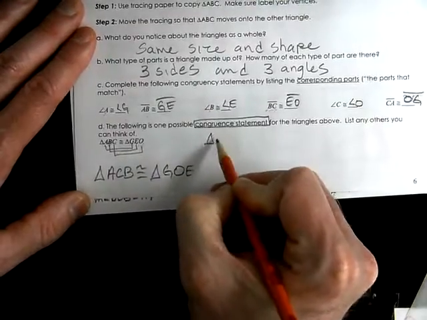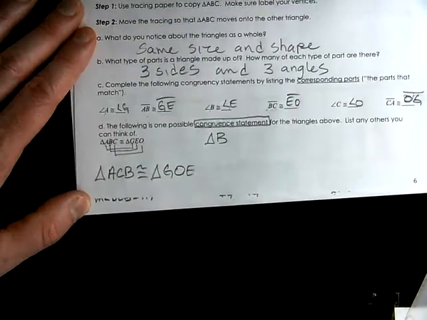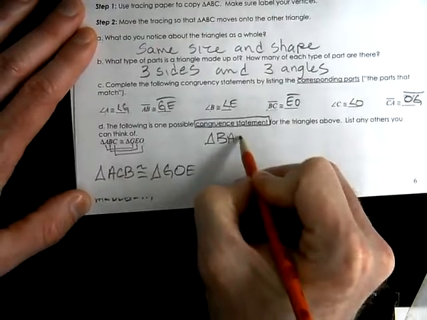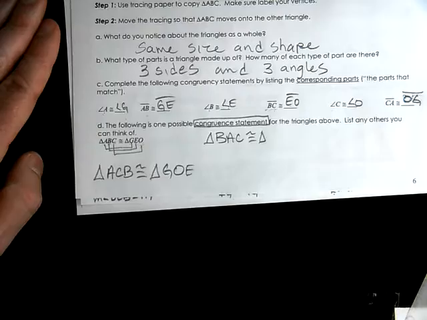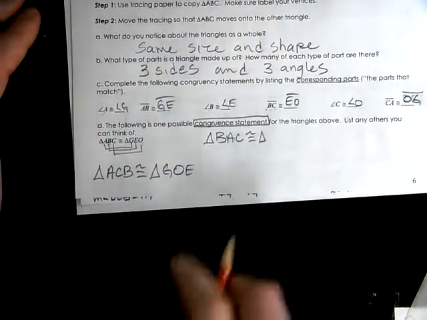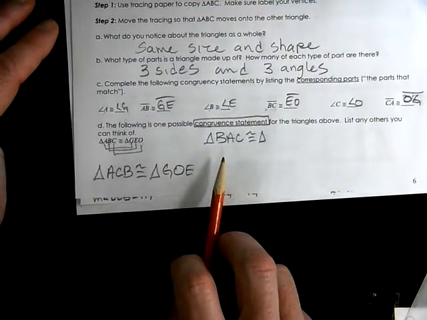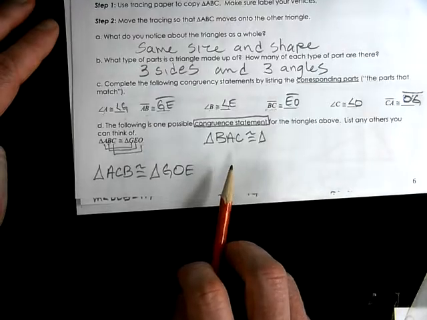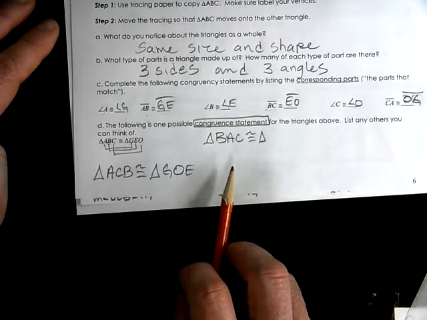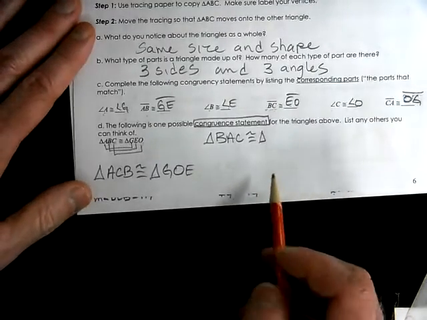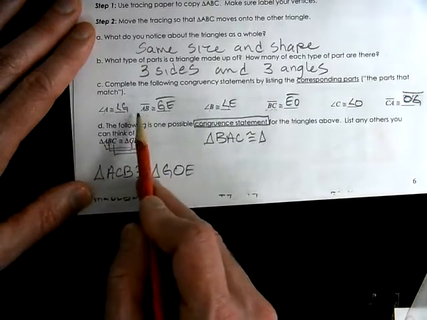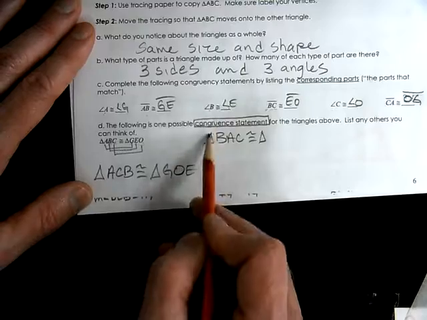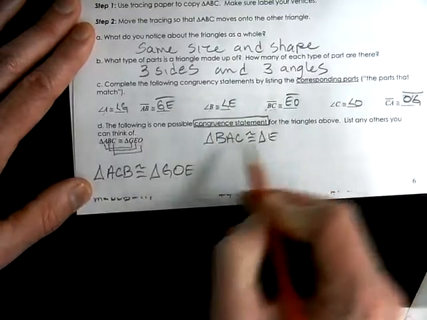You could write a congruent statement that starts with B, BAC. So what would be the order of the triangle if the first triangle is written as BAC? B corresponds with the E. So E has to be first.